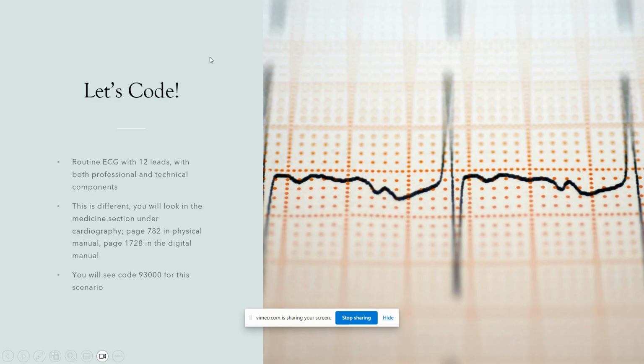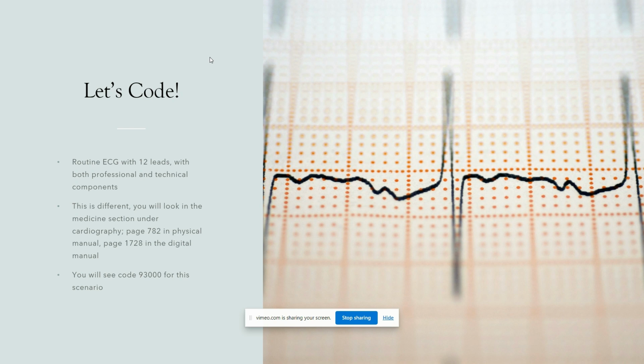Let's code it again. This is a routine ECG with 12 leads with both professional and technical components. Guys, this is kind of a curveball. We're going to look in the medicine section, because an ECG is not a procedure that's going to be in our cardiovascular system. It's not an open procedure.